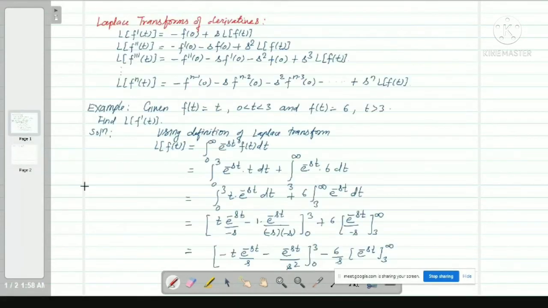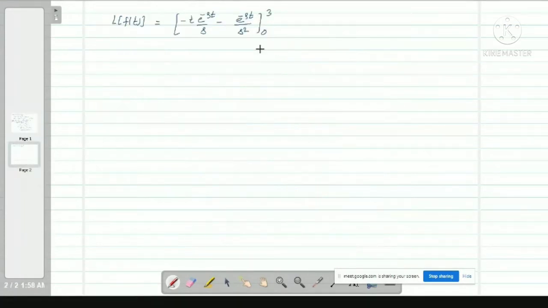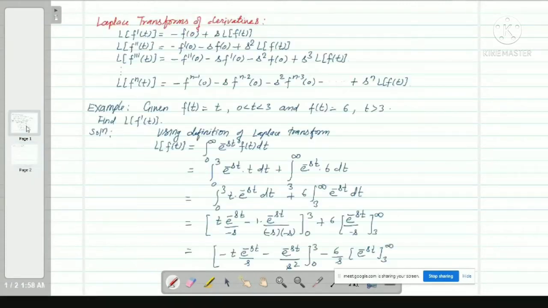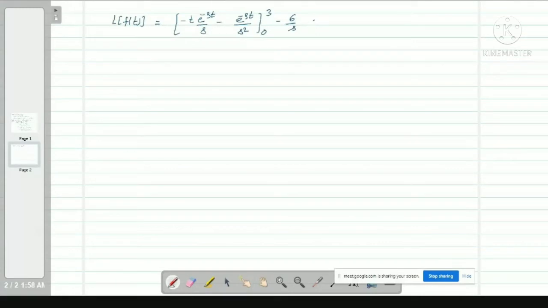Just check your function. Minus t e raised to minus st by s minus e raised to minus st by s square. Then minus 6 by s, e raised to minus st, providing limit 3 to infinity.